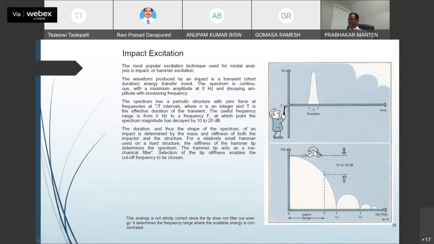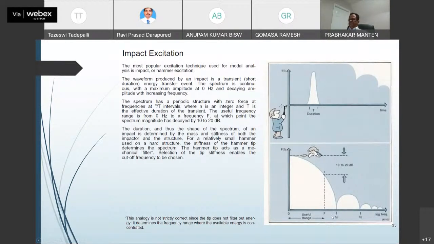The spectrum for that in the frequency domain, log magnitude, is continuous with a maximum at 0 hertz and then decaying amplitude as the frequency increases.